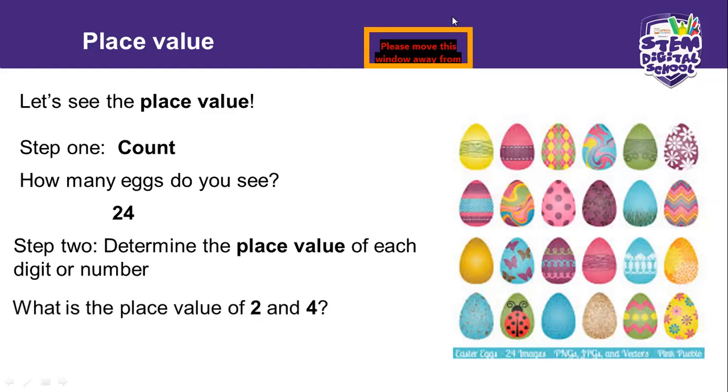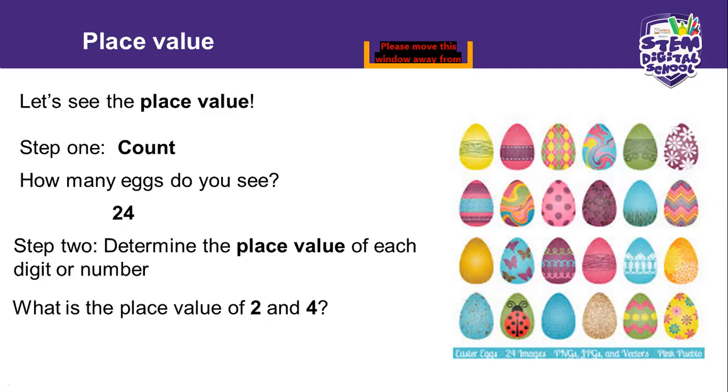Do you agree? But you cannot say I've got 2, 4 eggs. It's not correct. So that is why we say 24.